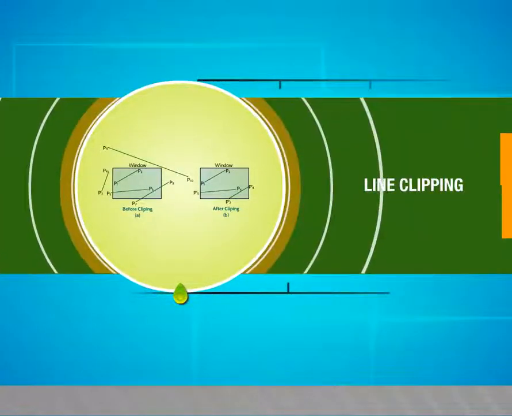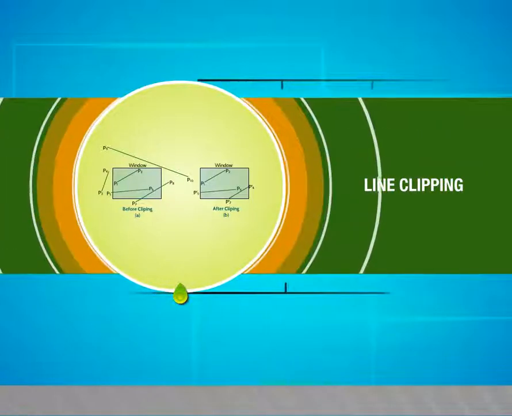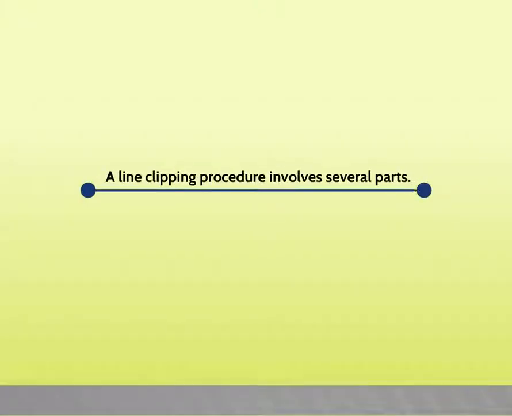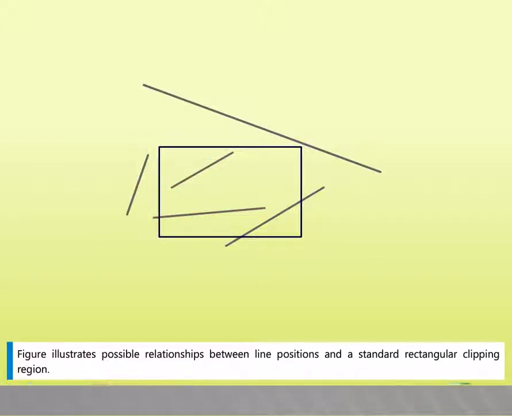Line clipping. In this video, we are going to see about line clipping. A line clipping procedure involves several parts. The figure illustrates possible relationships between line positions and a standard rectangular clipping region.